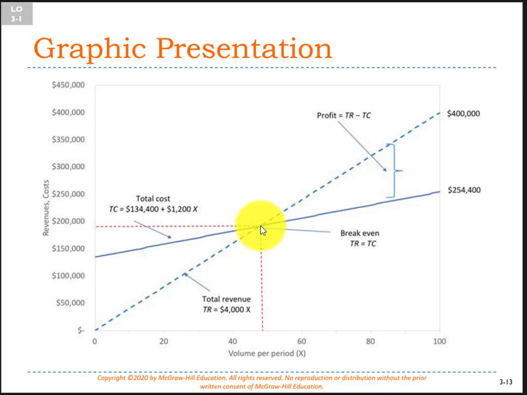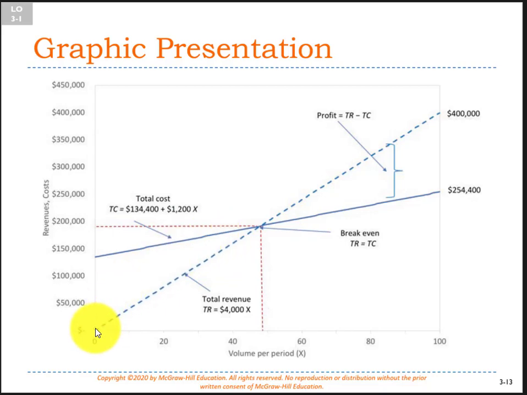Right? That's 0 profit. Above break-even, as our sales go above the 48, that's going to be a profit. That's what this area here indicates. And right here would indicate loss, because anywhere below 48, your revenue is going to be below your cost.